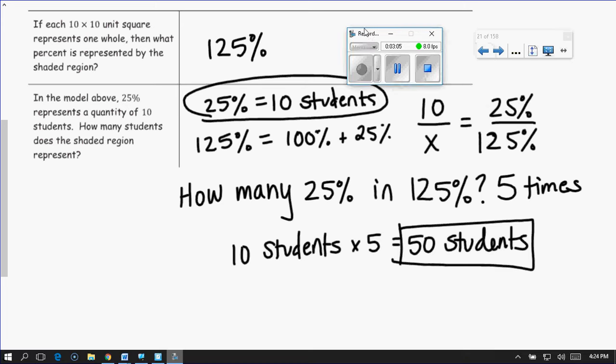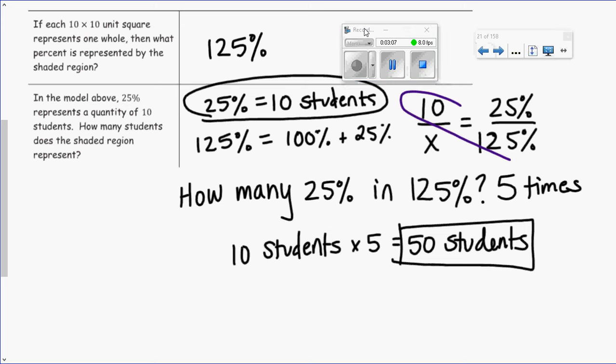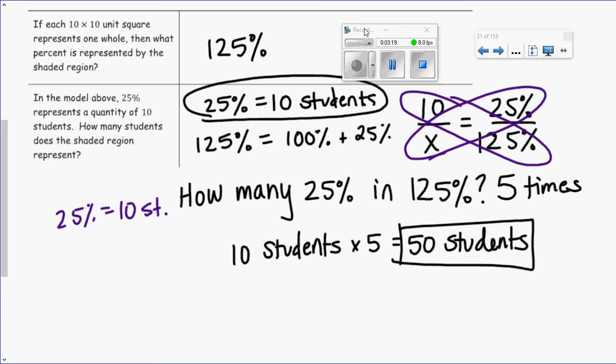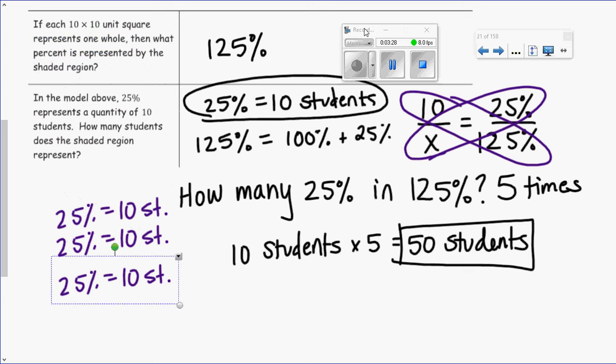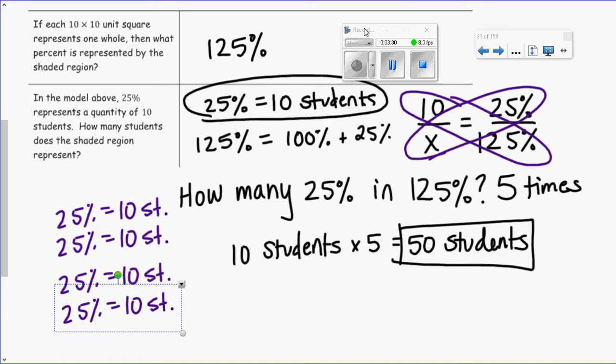Okay, and like I said, you could also use the cross products here. 10 times 125 is equal to 25x. Okay, so each 25% is 10 students. One last way to make this make sense to you, I'm just going to abbreviate it. We have 25% is 10 students. Now, if we have another 25%, that would be another 10 students, another 10 students, another 10 students.